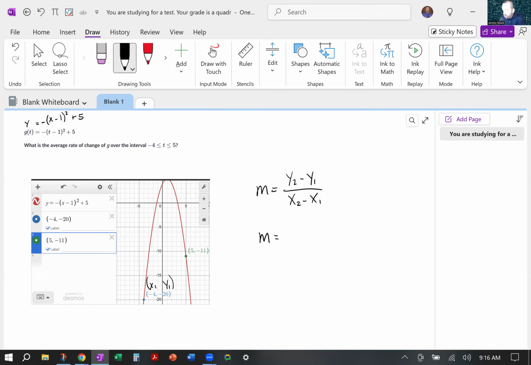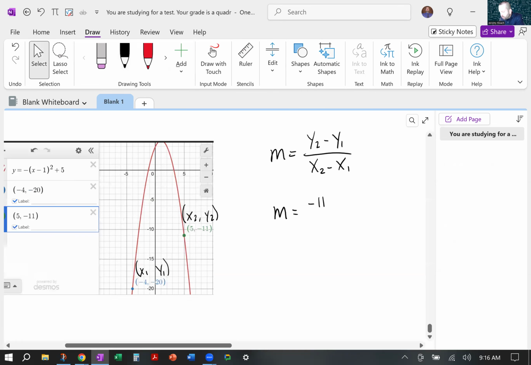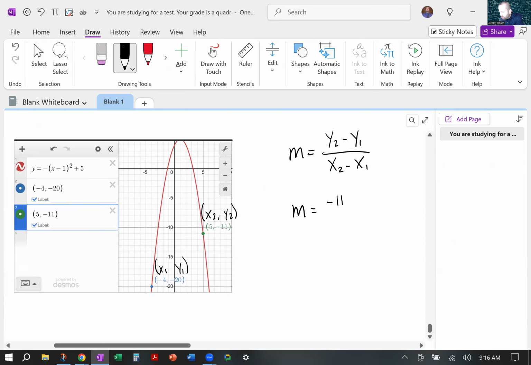And we'll call the green point point number 2, that's x2, y2. So y2 is -11. It's a little difficult to see the negatives there, so make sure you have the negatives where they need to go. You don't have to write these down if you don't want to.